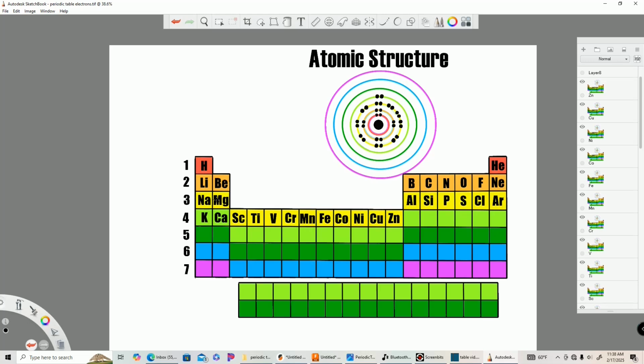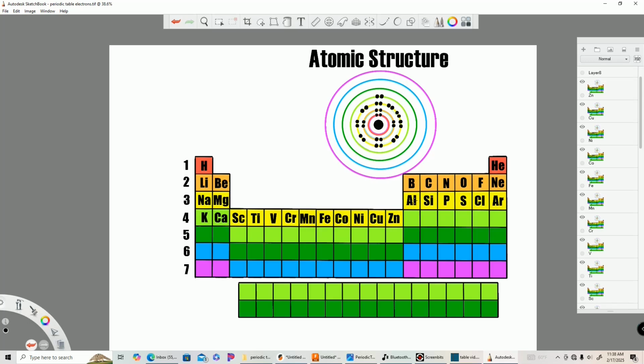So for example, in the third principal level, we got 1, 2, 3, 4, 5, 6, 7, 8, 9, 10, 11, 12, 13, 14, 15, 16, 17, 18 electrons, or 18 elements. And so if you're going to find out how many orbitals there are, you're going to take the 18 and divide it by 2, because each orbital holds 2 or a pair.